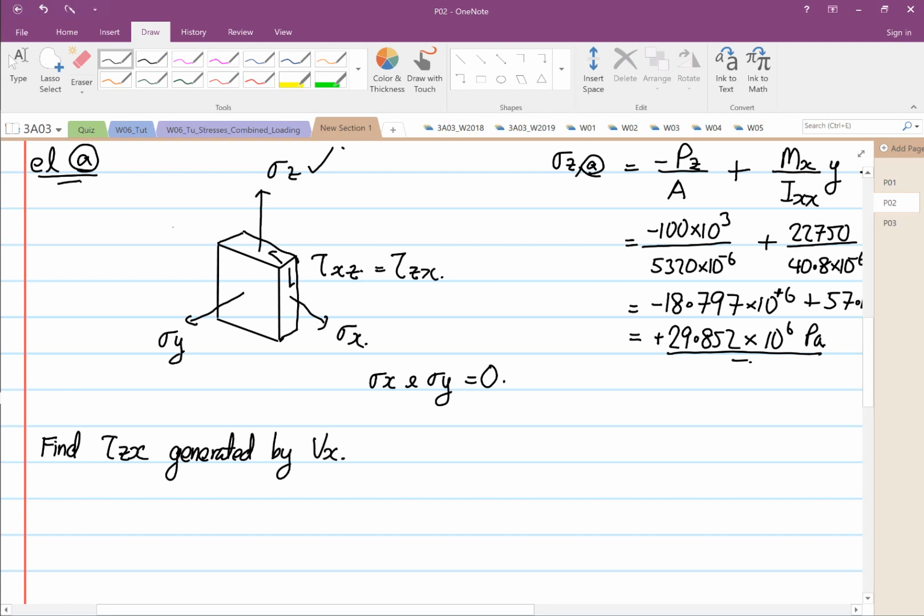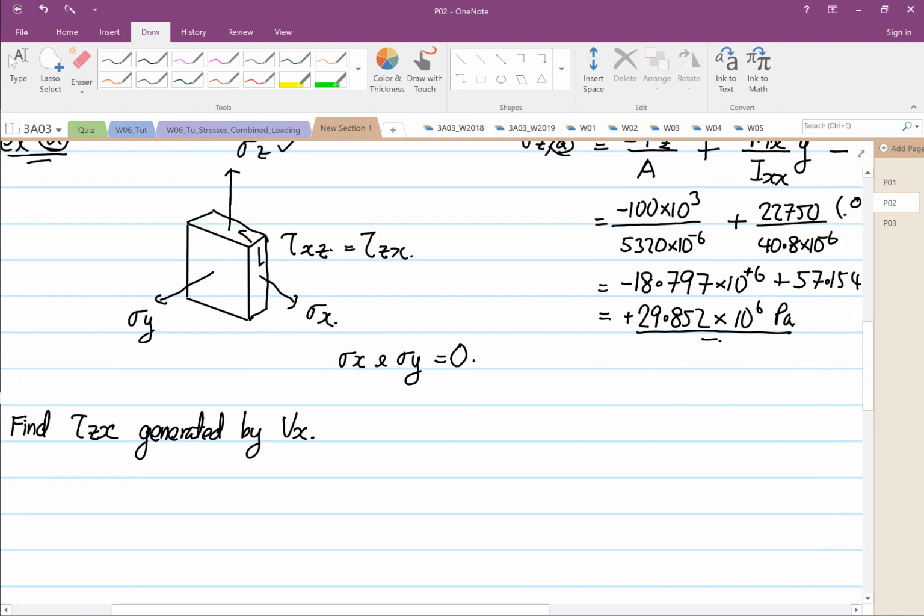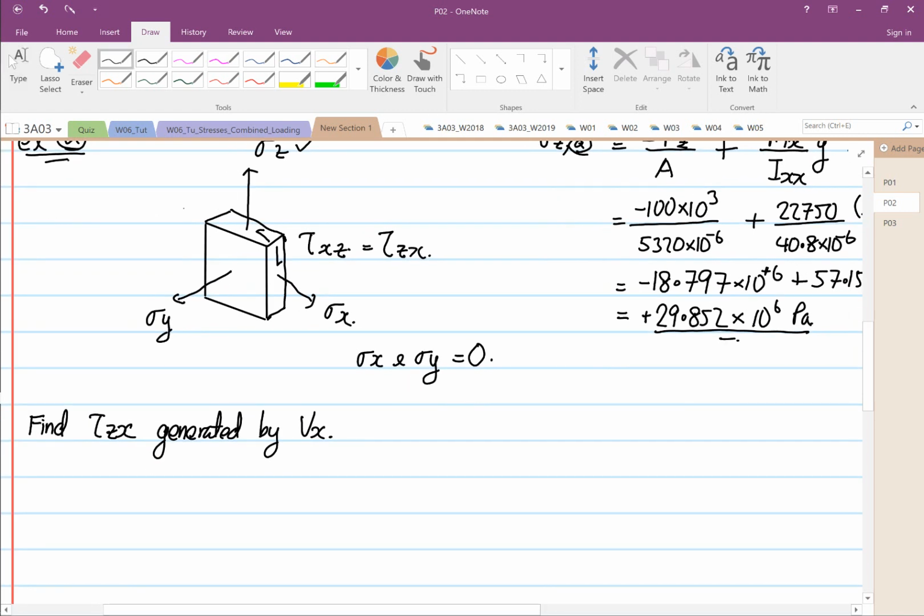We're going to apply thin wall analysis.